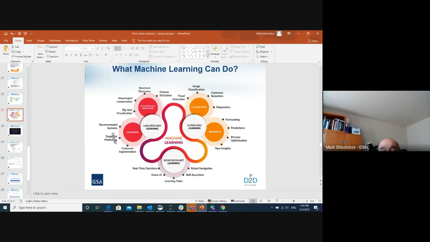Clustering, we talked about that. This is unsupervised learning. Dimensionality reduction asks: do we need to keep looking at all dimensions of our data, or can something be thrown out? And reinforced learning is something very interesting. You reward your algorithm for a good decision, and this is actually the connection.